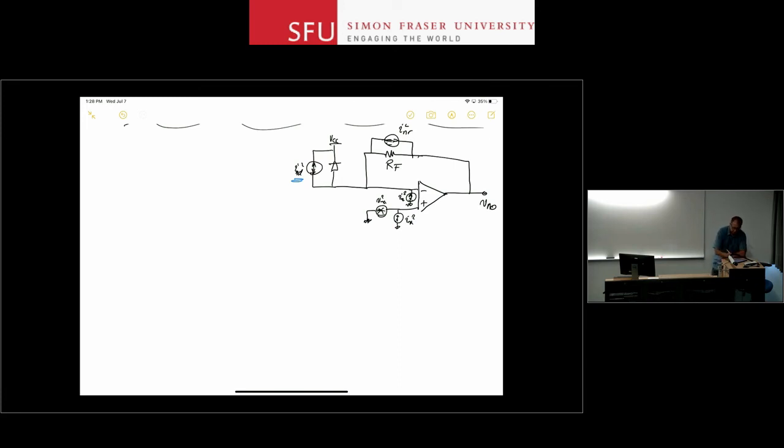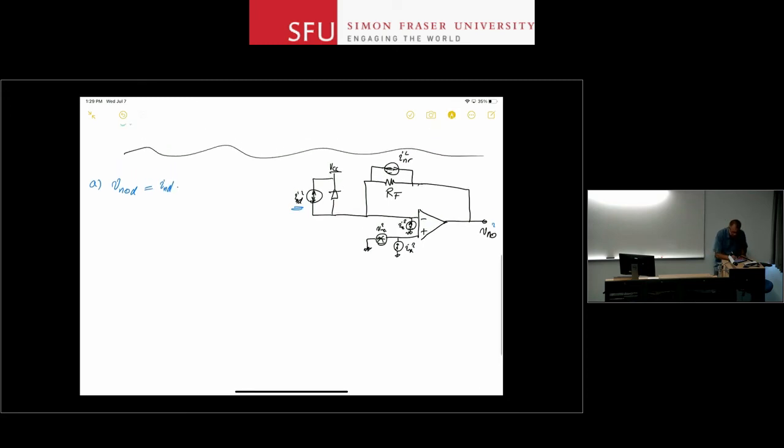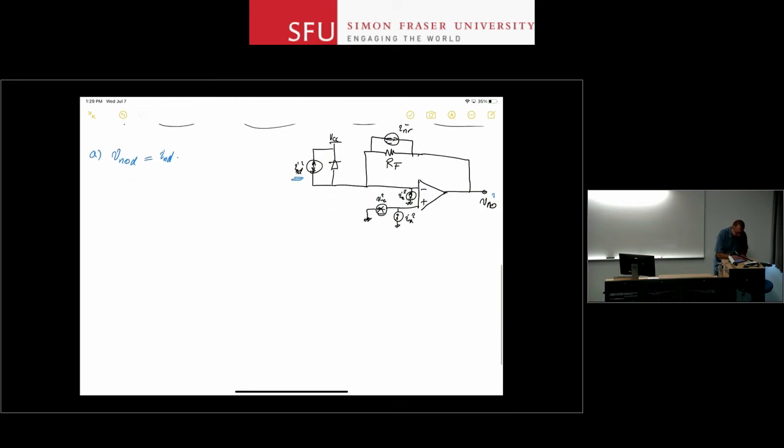let's call it D for the diode. So the voltage at the output is going to be VNOD. It's going to be this ID, IND, the noise from the diode, times, well, there's no current going in, all the current goes through RF to the output, so it's times RF.